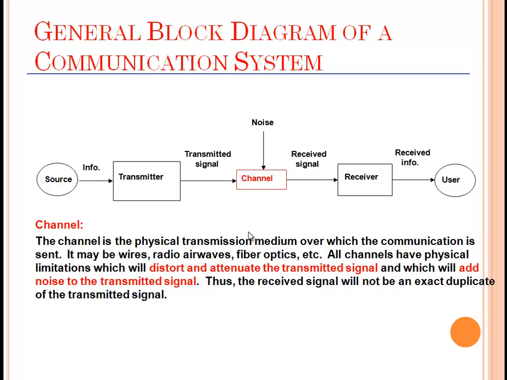That means they can distort and attenuate the transmitted signal, and add noise to it. Therefore the received signal at the user end is not the exact replica of the signal generated at the source, right? So we need some error correction and detection techniques over there.